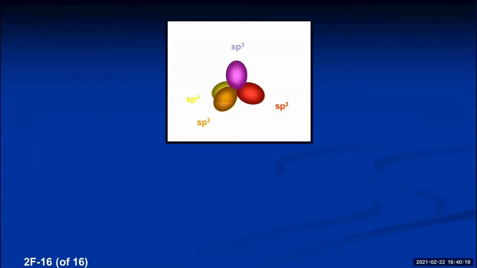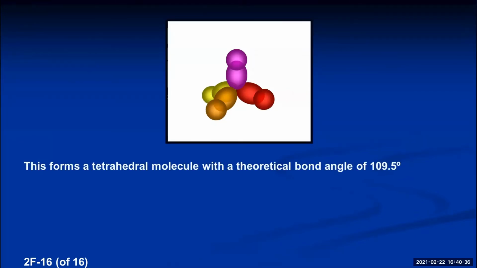So now with 1 electron in each of these orbitals, they're all capable of making a bond to a hydrogen. And so the 4 hydrogen atoms can overlap with each of those, and you'll form 1, 2, 3, 4 bonds. Look at the shape of that molecule. This forms a tetrahedral molecule with a bond angle of 109.5.